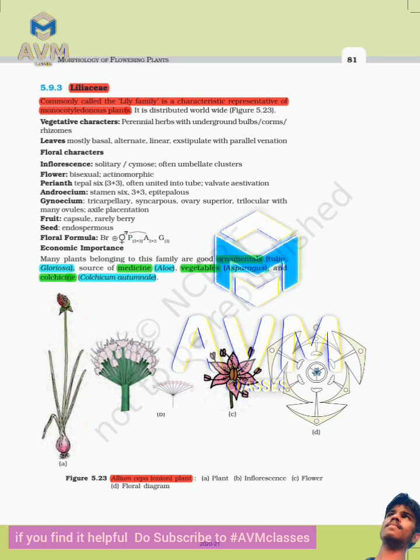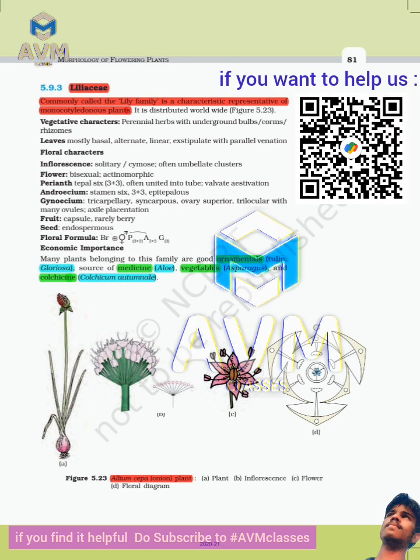Floral characters. Inflorescence solitary or cymose, often umbellate clusters. Flower bisexual, actinomorphic. Perianth, tepals 6, often united into tube, valvate aestivation. Androecium, stamens 6, 3 plus 3, epitepalous.